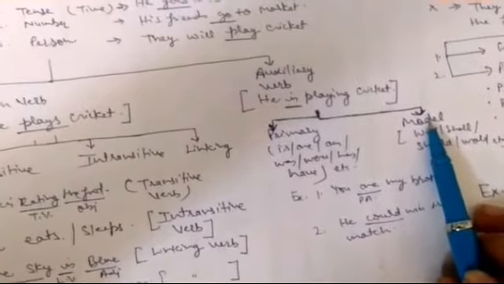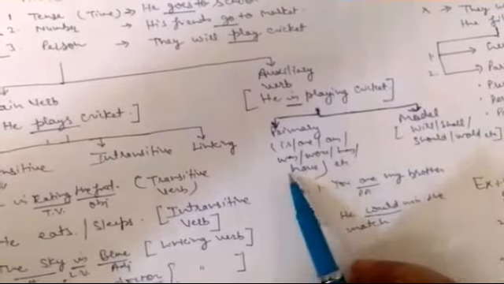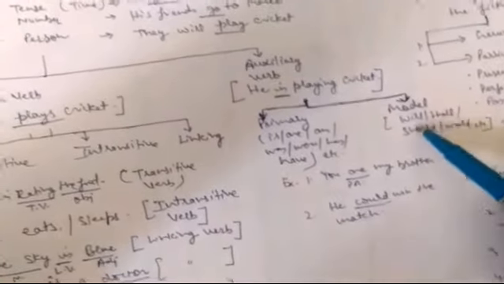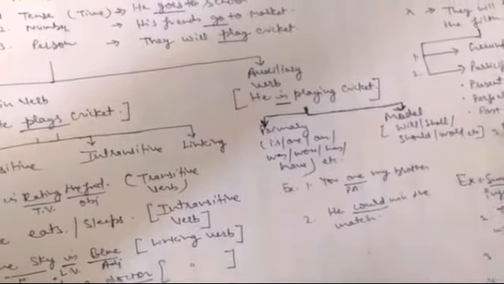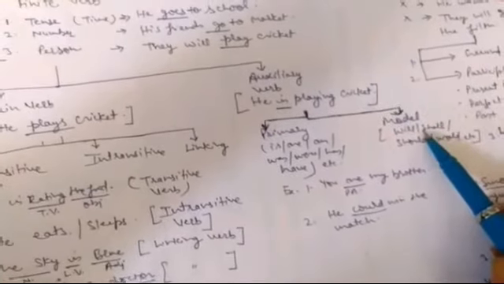Primary verb means is, are, am, was, were, has, have, etc. And modal auxiliary verbs are will, shall, should, would, can, could, may, might, etc.